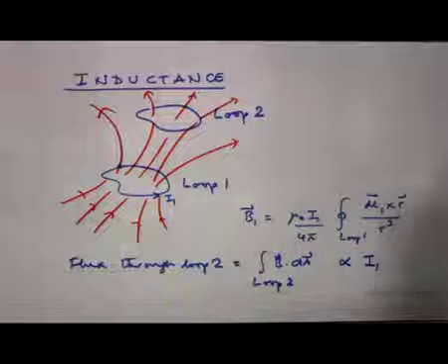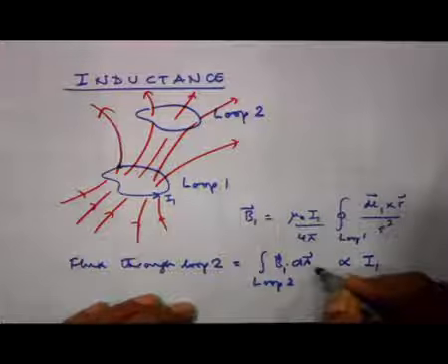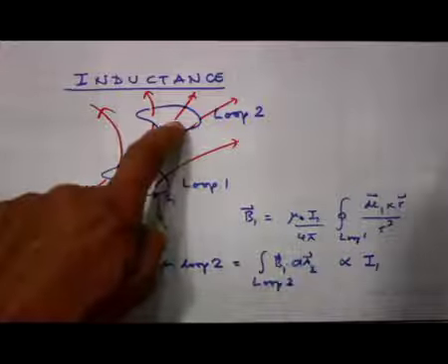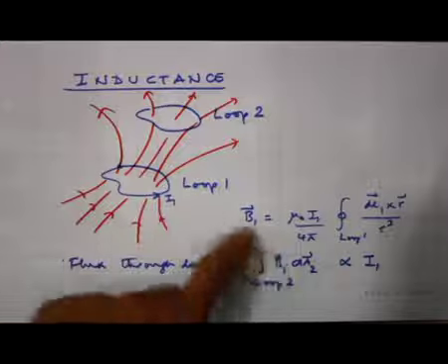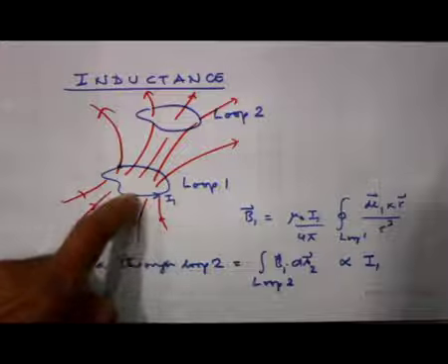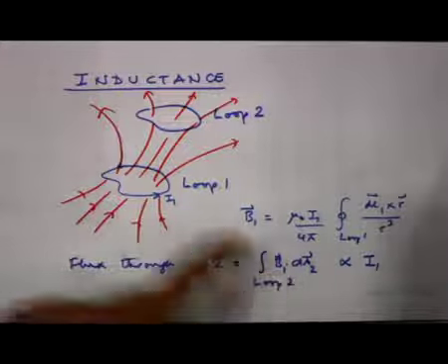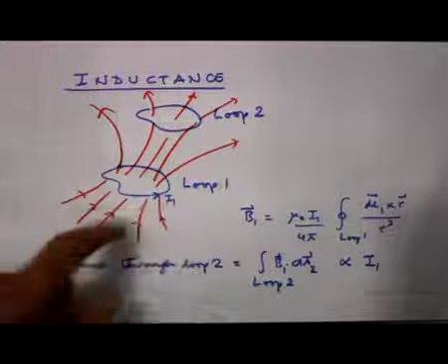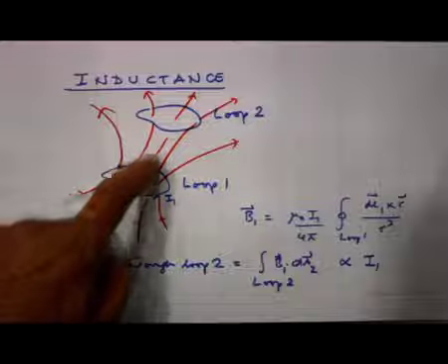Note here, B 1 dot d A 2, so I am integrating over the area of loop 2. The magnetic field produced by current I 1 in loop 1 is B 1. Loop 2 is placed somewhere close to loop 1, so some of the magnetic field lines generated by loop 1 pass through loop 2.